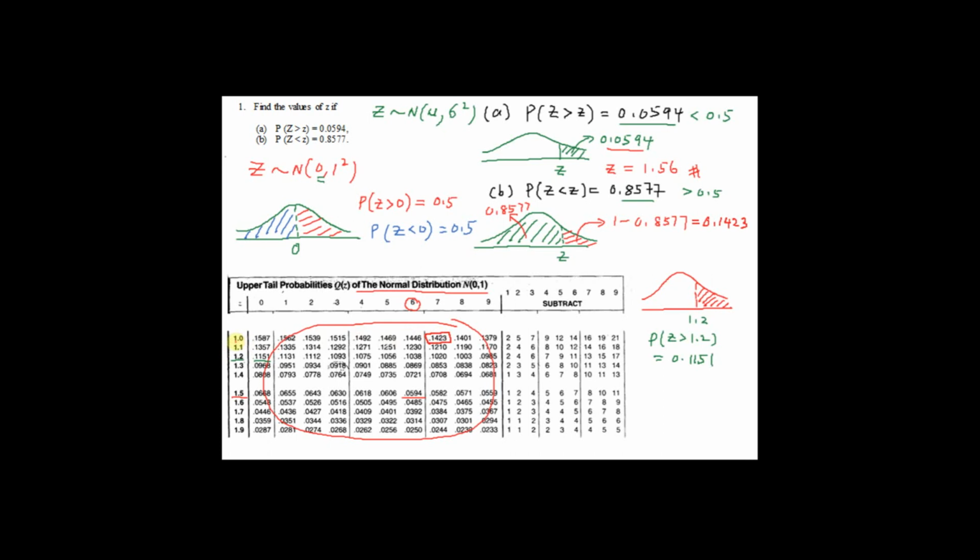So this is 1.07. Therefore, your answer for z will be 1.07. So now you can see it's very important that you know how to shade the region and be able to read this table. So you will be guided step by step by the following questions. Then you will understand the normal distribution fully.